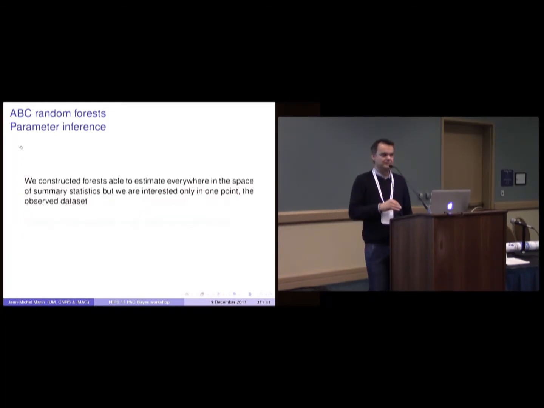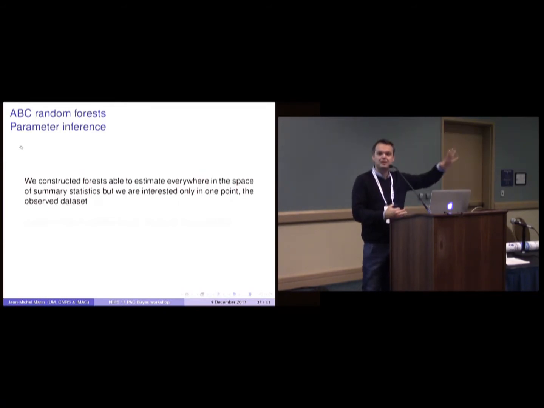Okay, there is one problem we're interested in right now. We construct forests able to estimate everywhere in the space of summary statistics, but we are interested only in one point, the observed dataset. I am in a very specific case of learning.